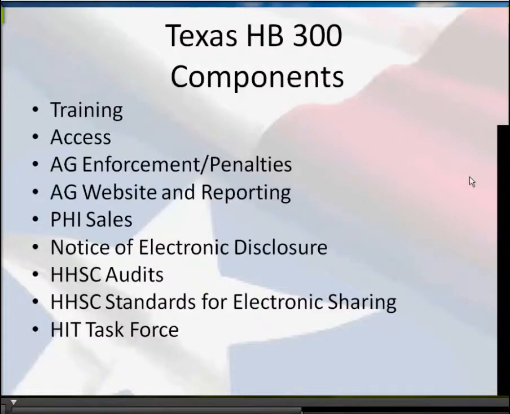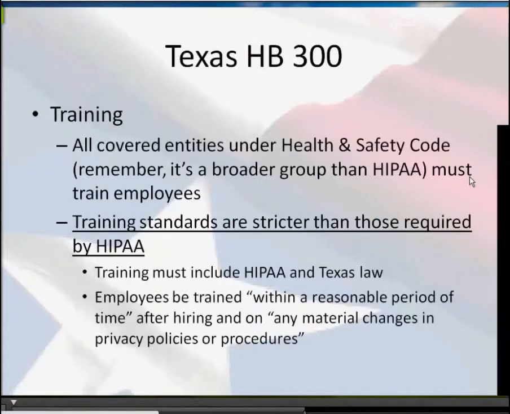Notice of electronic disclosure, HHSC audits, HHSC standards for electronic sharing, and create a HIT task force. Training. All covered entities under Health and Safety Code, this is a broader group than under HIPAA, must train their employees.